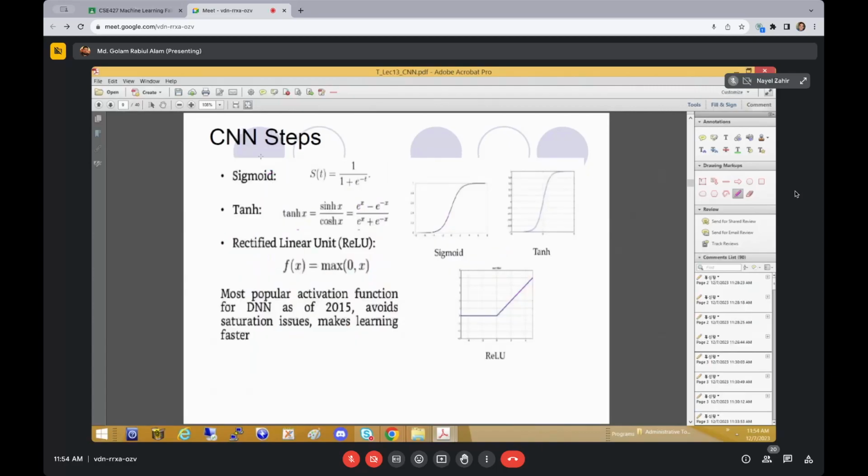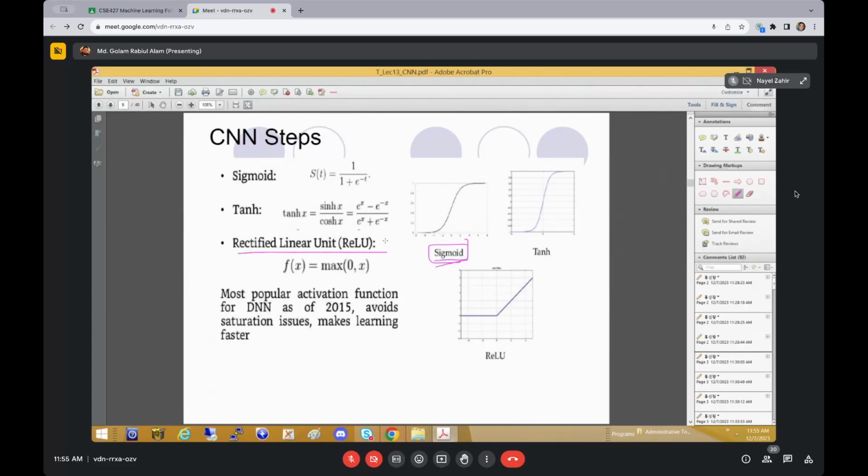In this case, again for the nonlinearity, you can use the sigmoid. Sigmoid is specifically used in neural networks, and it is popularly used in shallow neural network architectures. But in deep neural network architectures, the popular choice is the rectified linear unit.